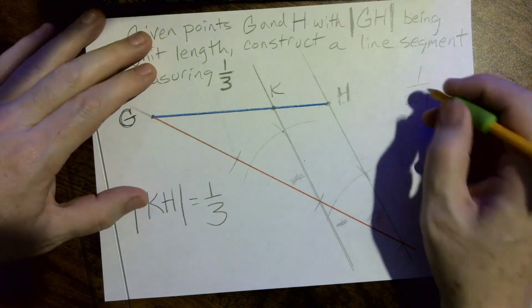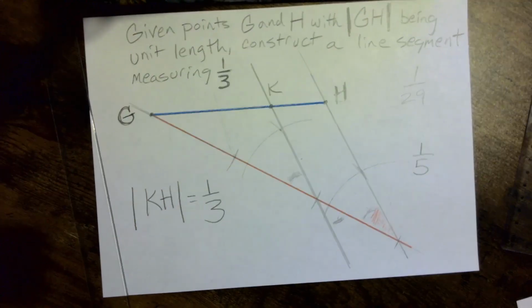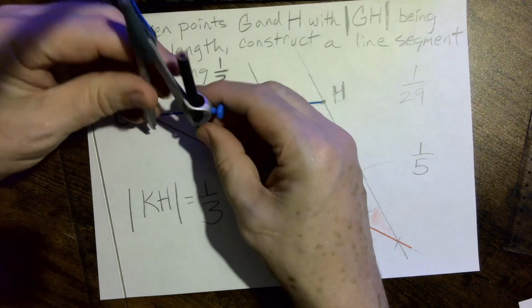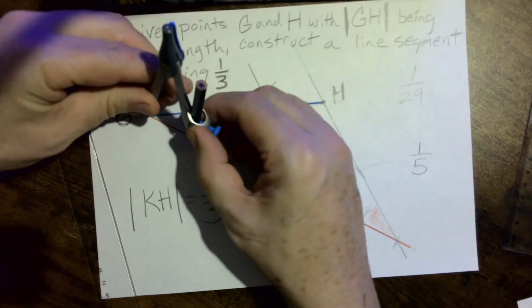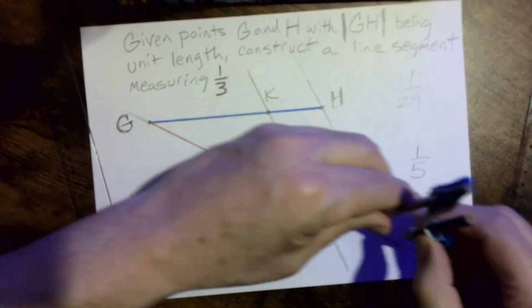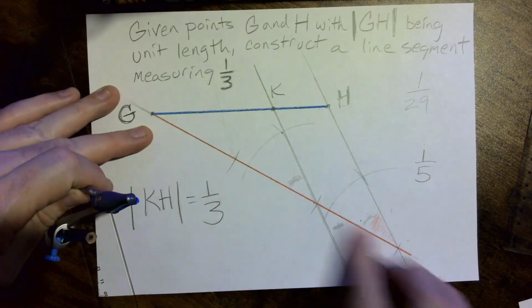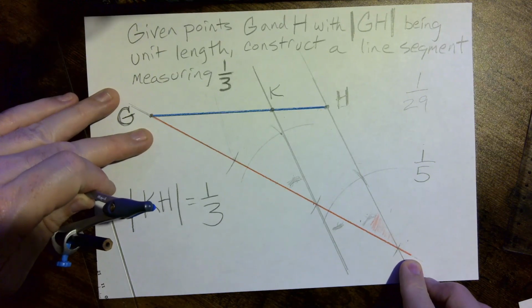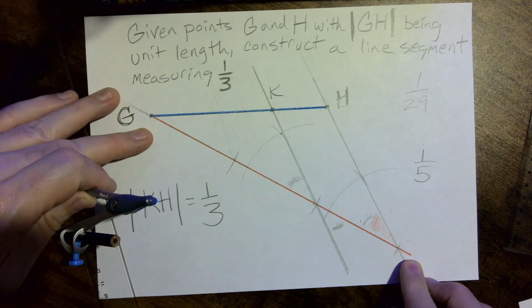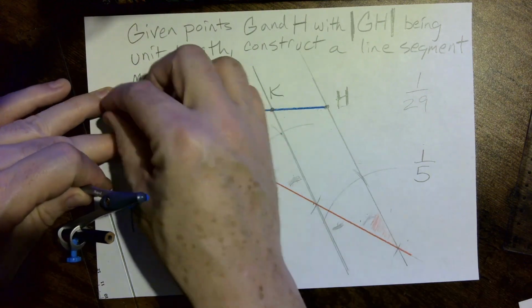Now, if I wanted to make a segment 1 over 5, I would have to divvy this up into 5. Well, I actually don't divide this. You have to just make something that's length 5. Because you aren't going to know. So you need the whole line.